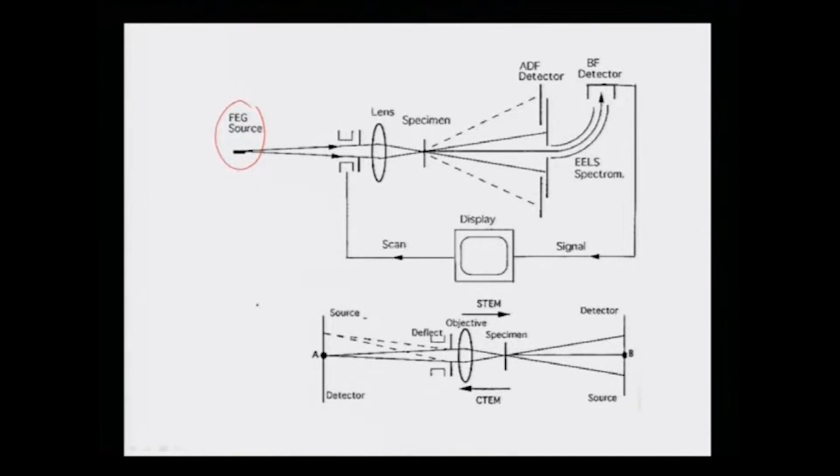The real advantage is that dark field images can be obtained with a very high collection efficiency in STEM as compared to normal dark field images in a conventional transmission electron microscope. This is mainly because all the scattered electrons outside the incident beam spot can be collected in STEM mode, and once we collect all the scattered electrons or diffracted beams, the intensity is sufficiently high that it gives us a very good collection efficiency.